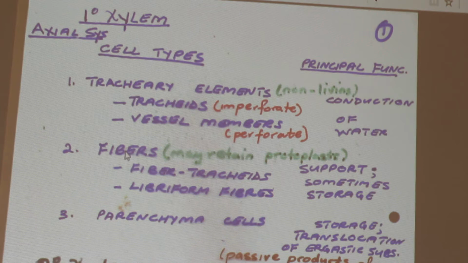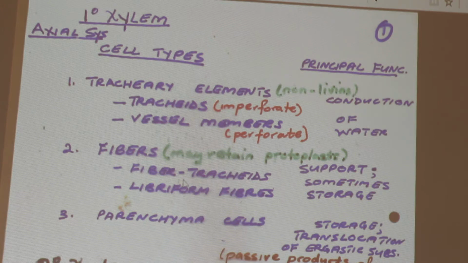Fibers are cells, and these fibers are of two types: fiber tracheids and libriform fibers. A fiber, we know, is a cell. A tracheid is a cell. But when we say it's a fiber tracheid, we are describing a fiber, not a tracheid.